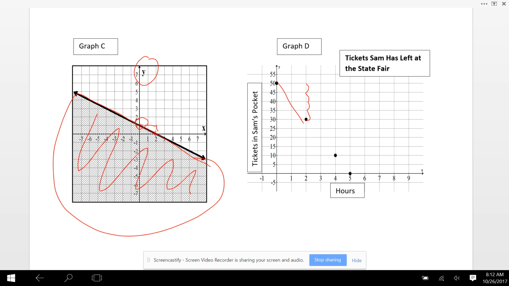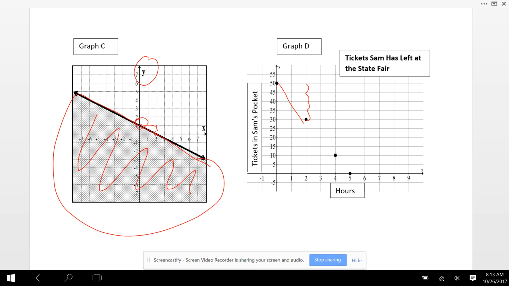What's the x-intercept? Ooh, what's the x-intercept? 5 hours, 5, 0. After 5 hours, how many tickets does he have? He is out of tickets. Sam has no tickets. Which answer choice could be another point on the graph? 1 and 45.